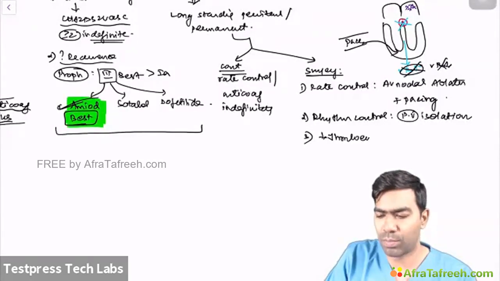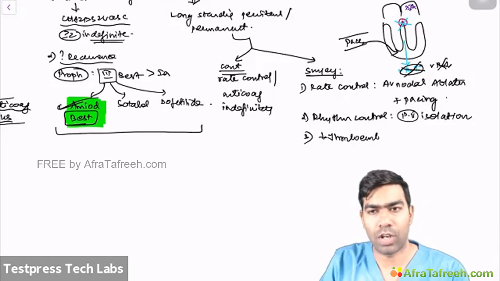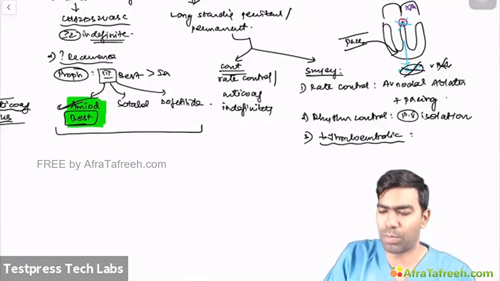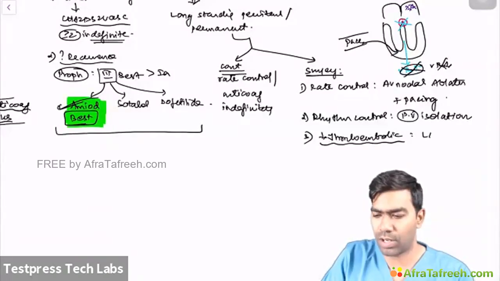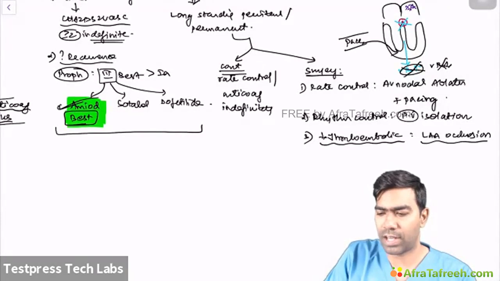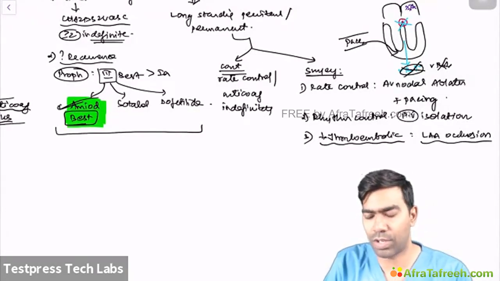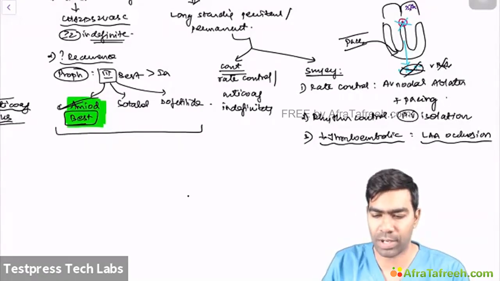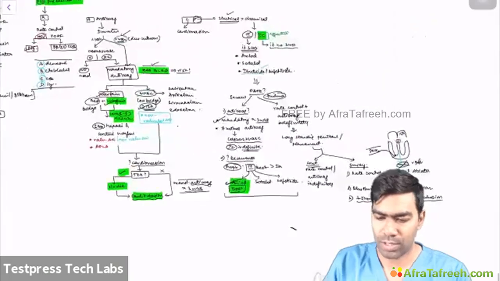Remember, AF is the most common cardiac cause of embolic stroke. If you want to reduce the thromboembolic manifestations, then there is another surgery called left atrial appendage occlusion. There are a lot of devices that can occlude the left atrial appendage. So if you want to reduce thromboembolic episodes, you have to do left atrial appendage occlusion surgeries.